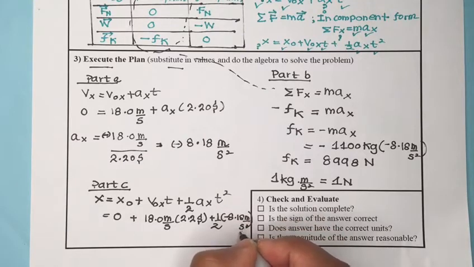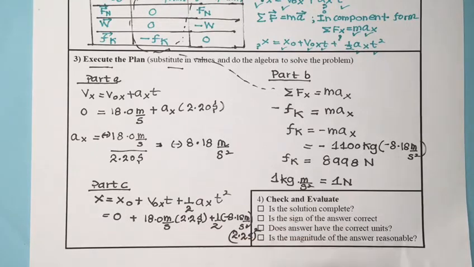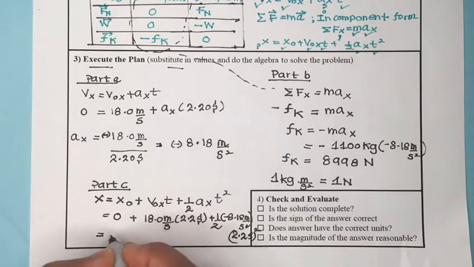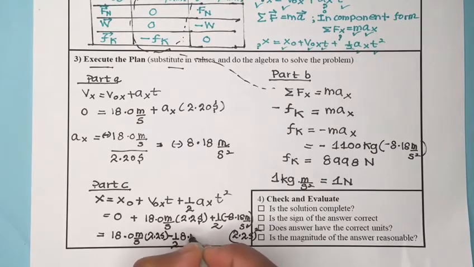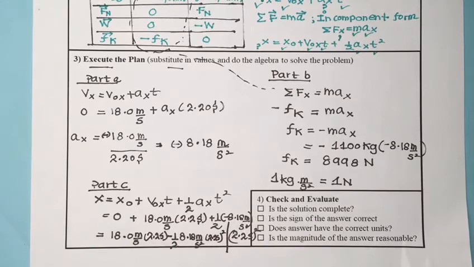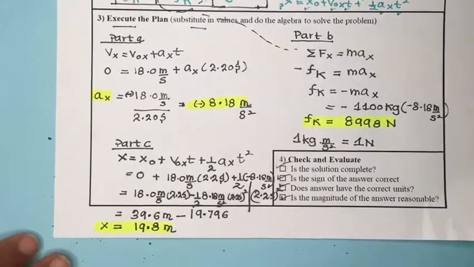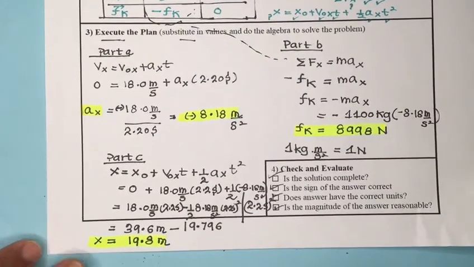I'm going to write it on the next line, but I think you get the idea. You have to multiply by 2.2 seconds squared. So for the final position, you will get 19.8 meters. So that's how far the car traveled.